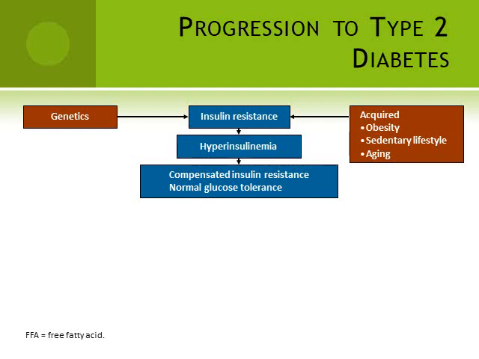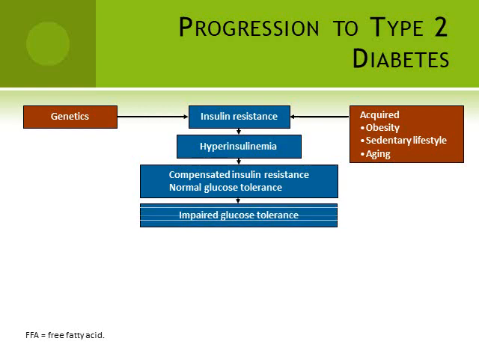In these individuals, the only defect is hyperinsulinemia, but once we check glucose levels, there is normoglycemia in the body by virtue of compensated hyperinsulinemia.